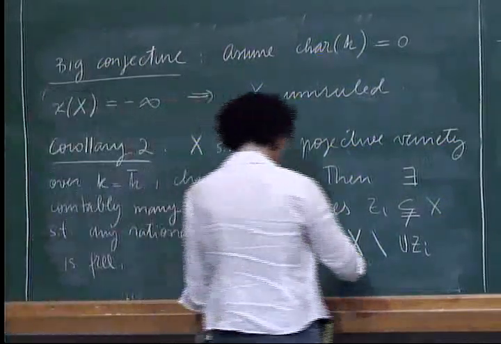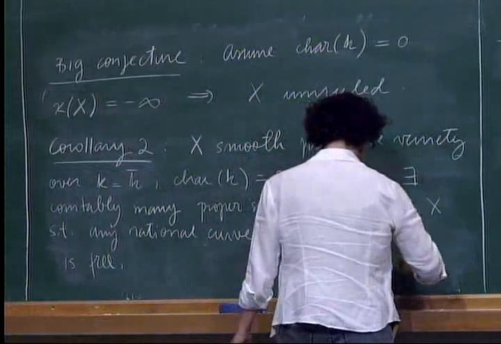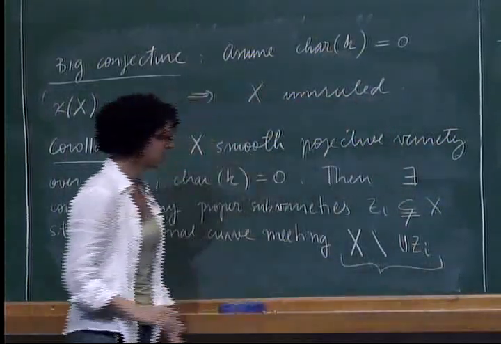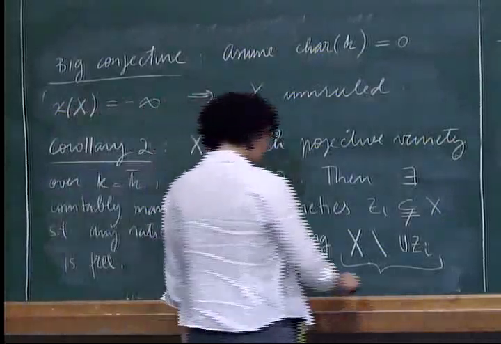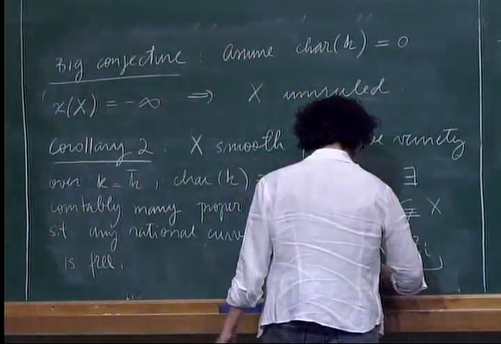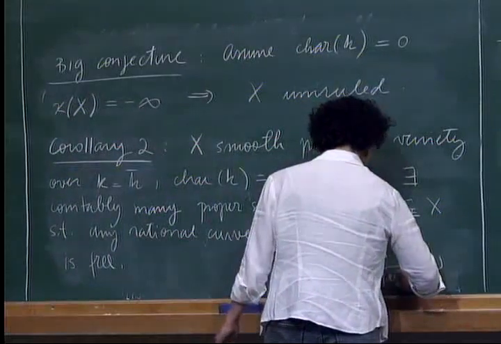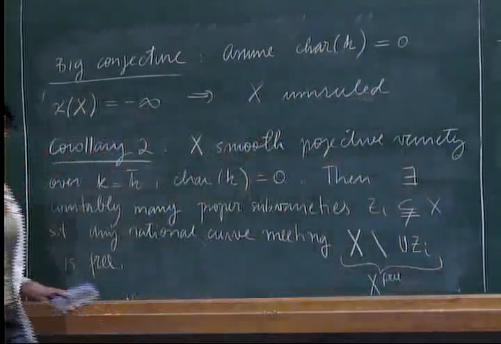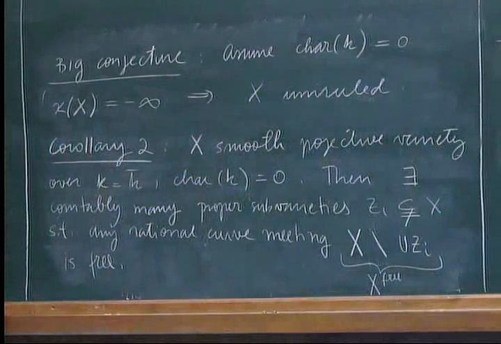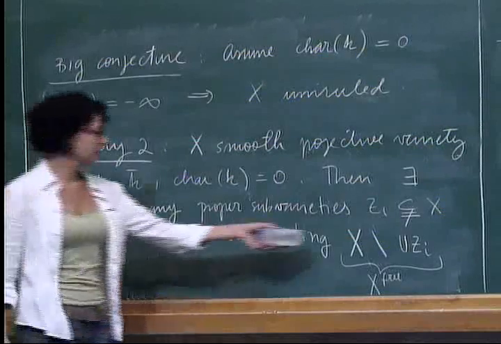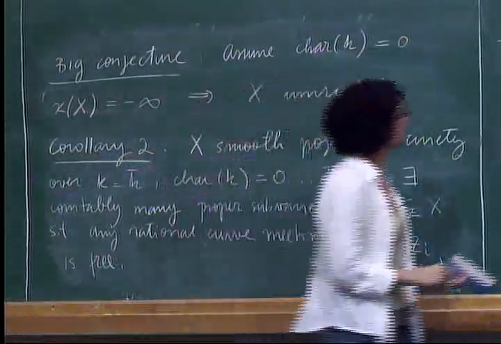So we call this set X free. If the field is uncountable, then this is a Zariski dense subset of X. If the field is countable, then really this does not say much, because this can be empty.